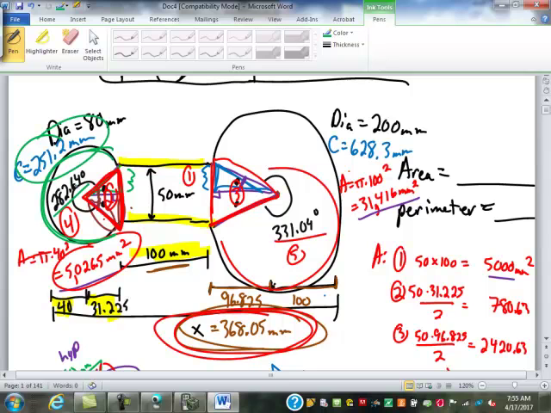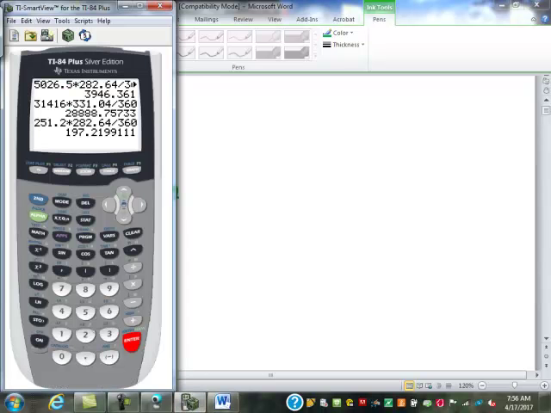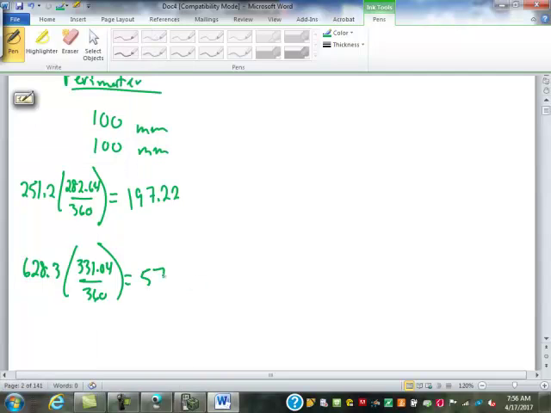I use the circumference and then the angle. So over here we're going to use the 628.3 and the 331.04. 577.76. 974.98 millimeters appears to be our perimeter.